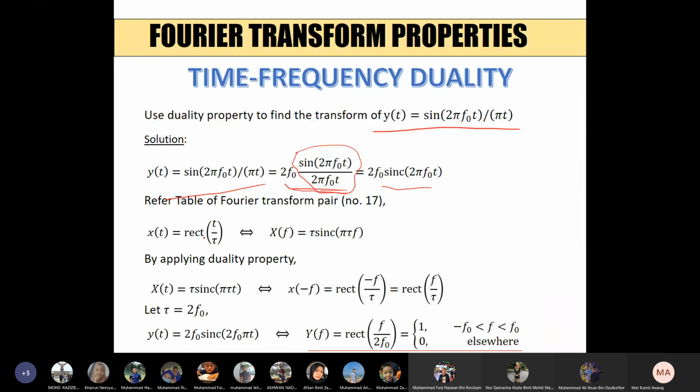So x of t equal to rect of t over tau transforms into x of f equal to tau sinc pi tau f.